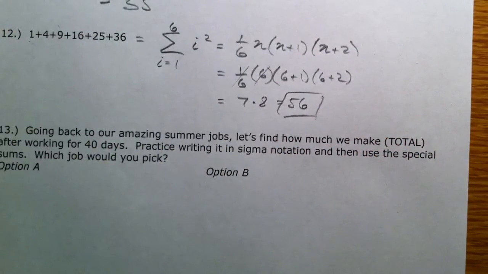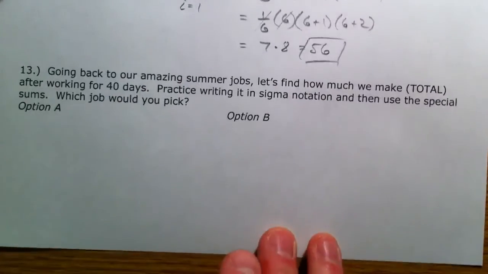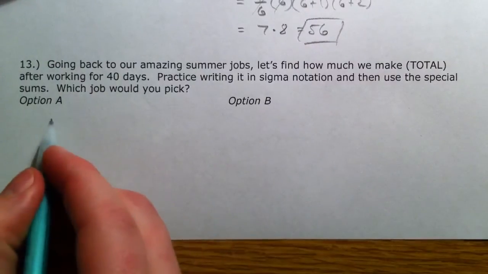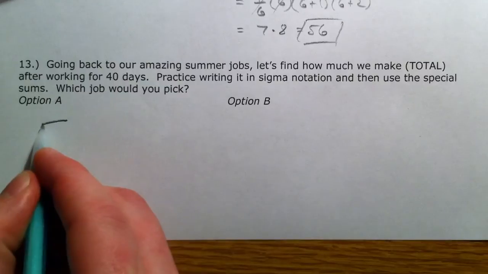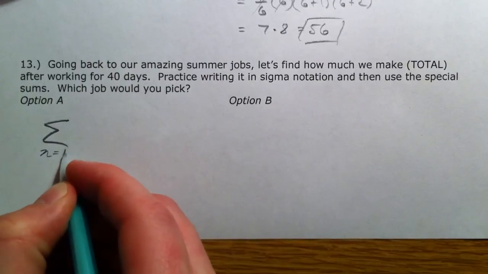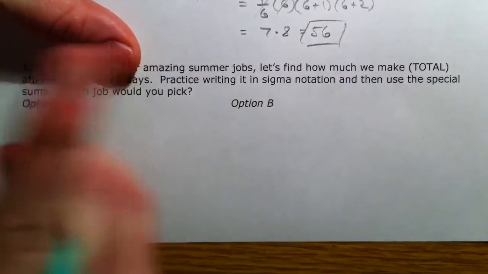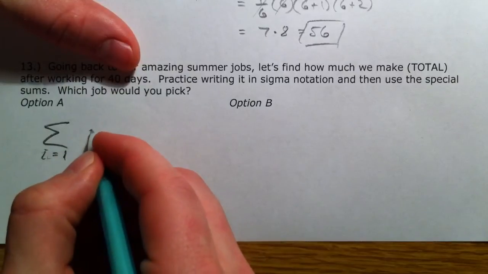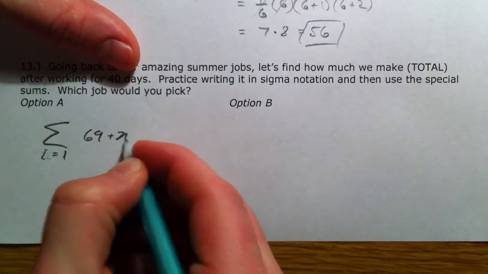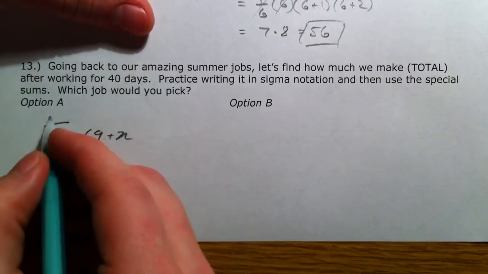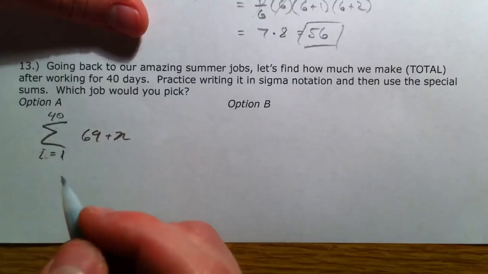So what I want us to do is now go back to our original jobs and look at how much total we would have. So a while ago we plugged these into sigma notation, and our first job started at 1, first day, i equals 1. Our nth term was 69 plus n, so that on your first day you made 70. And we want to know for your 40 days.